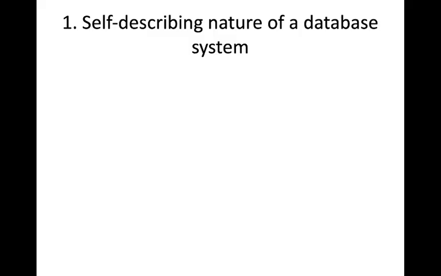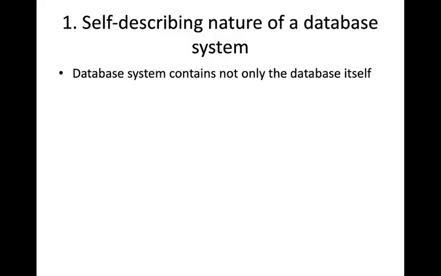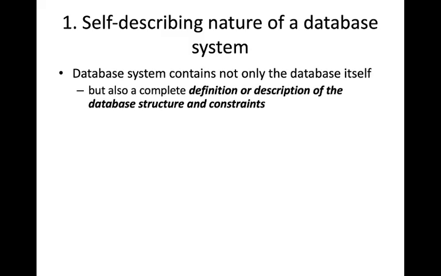So this is the main characteristic of a database system. We have already mentioned metadata. So a database system contains not only data, not only the database itself, but also a complete definition or description of the database structure and the constraints on the database.